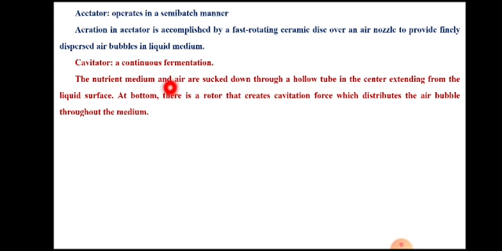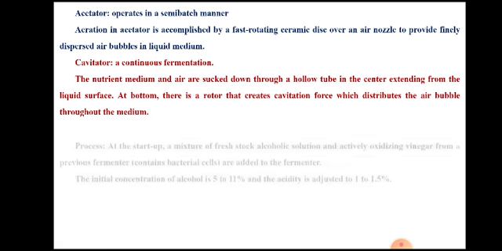The nutrient medium and air are sucked down through a hollow tube in the center, extending from the liquid surface. At the bottom there is a rotor that creates cavitation force which distributes the air bubbles throughout the medium.